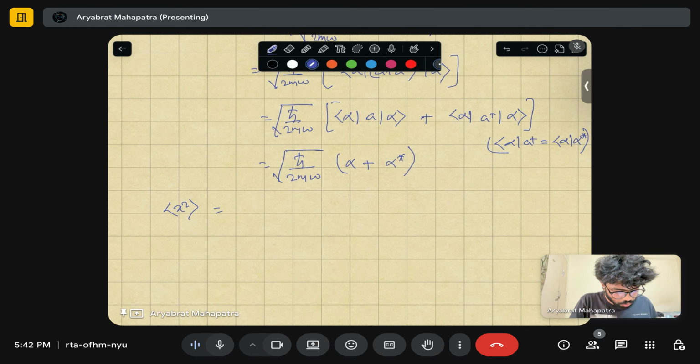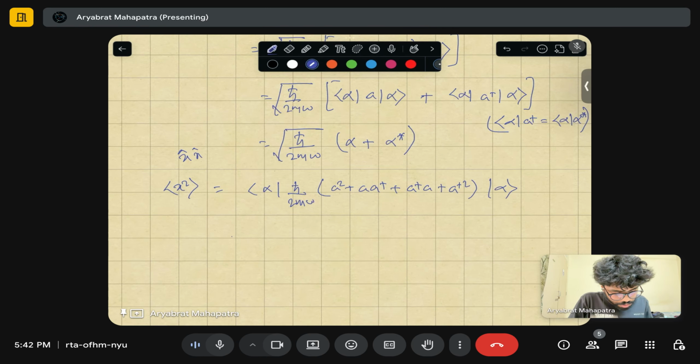So if I quickly calculate the expectation of x square right here, you just operate the x operator twice. So I have h bar over 2m omega, a square plus a a dagger plus a dagger a plus a dagger square, alpha.